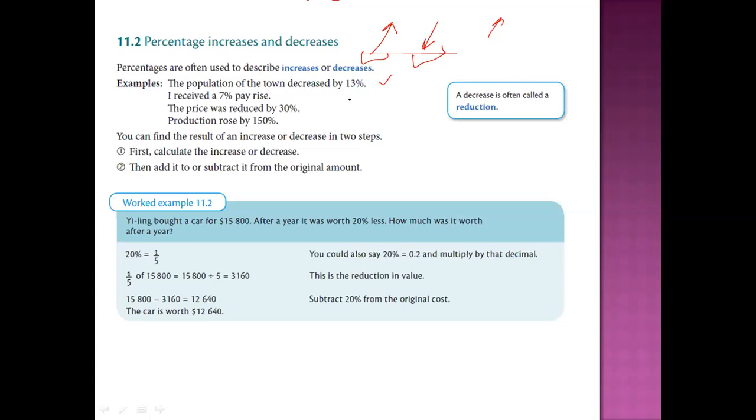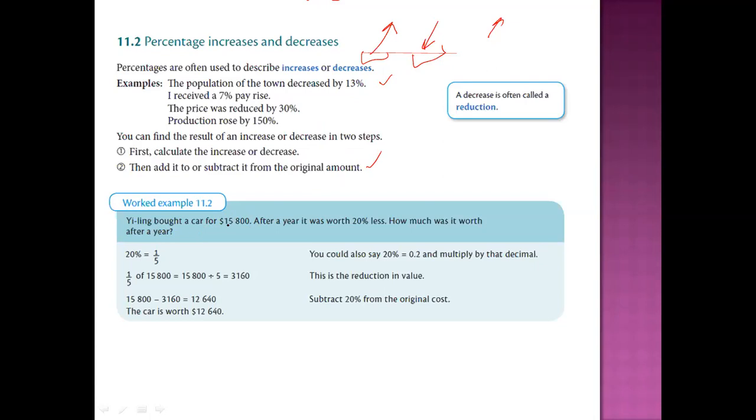The price was reduced by 30%, and production rose by 150%. You can find the result of an increase or decrease in two steps. First of all, calculate the increase or decrease, and then secondly, add it or subtract it from the original amount. Let's look at the worked examples.